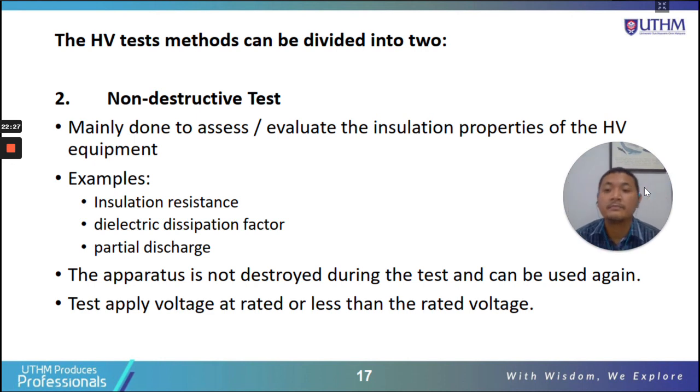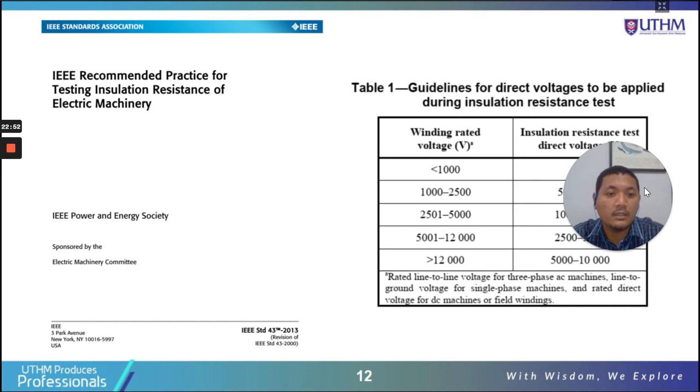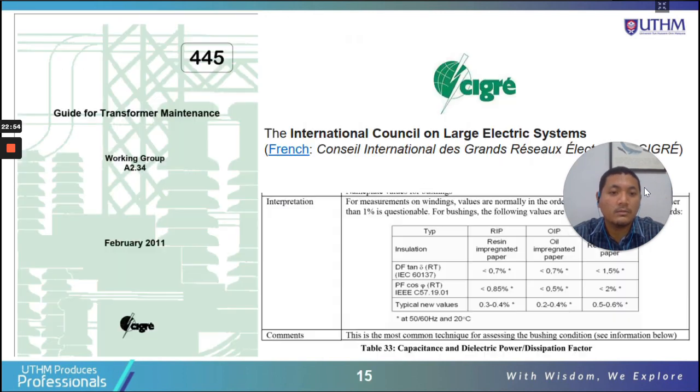All right. So the apparatus is not destroyed during the test and can be used again. The apparatus may fail because of the test, but it still can be used again, but needs to be replaced soon. Okay, what I mean here is actually, go back to here.